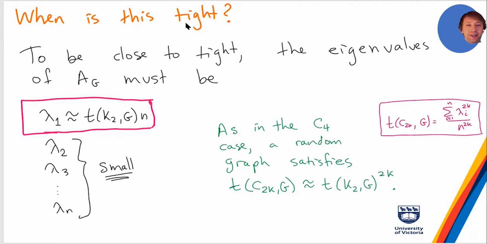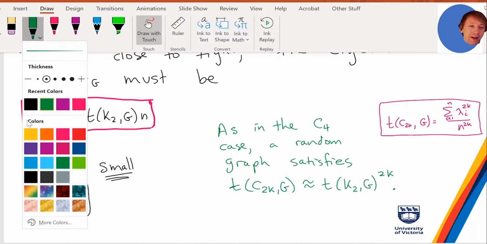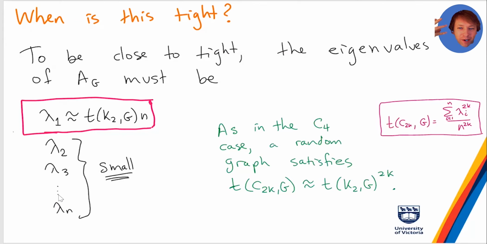Oh, that's actually a good question. So when I say that's a good question, I'm thinking of these things as being positive because when we're dealing with cycles that are even, we're looking at their 2kth power, which is positive. But these eigenvalues aren't positive. So when I say small, I mean they have small absolute value, so they're close to 0, and they could even be 0.